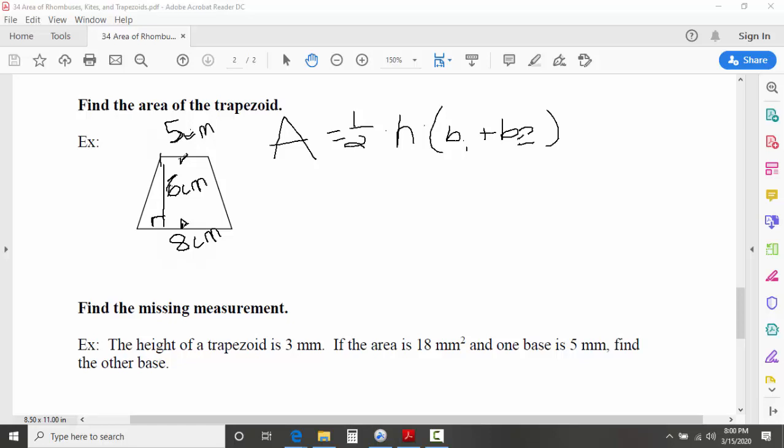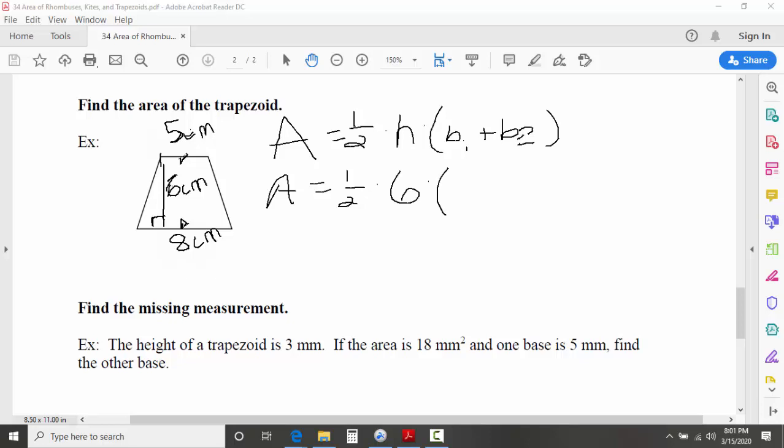There we go. And then we want to plug the numbers in the correct spot. So we've got our height as being 6. And how I know that's the height is it is perpendicular to both bases. Okay, it's not a base, it's perpendicular to the bases.